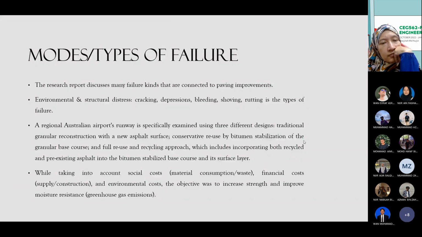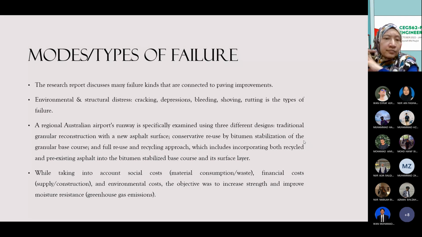A regional Australian airport runway is specifically examined using three different designs, which is traditional granular construction with a new asphalt surface, conservative reuse by bitumen stabilization of the granular base course, and a full reuse and recycling approach, which includes incorporating both recycled and pre-existing asphalt into the bitumen stabilized base course and its surface layer.